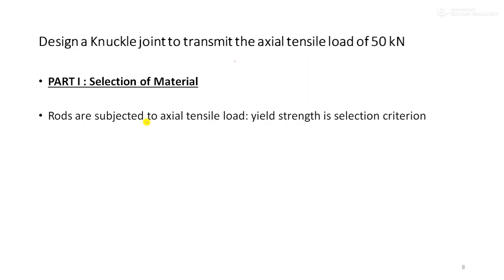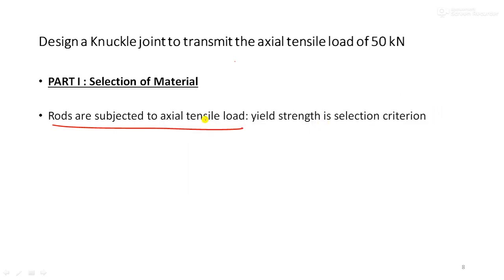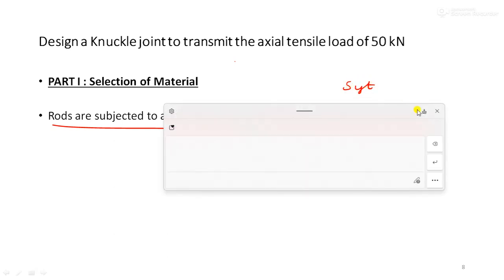Now basically, what is the loading condition? You have to understand the rods are subjected to axial tensile load. So the loading is the tensile loading condition, right? So basically you will be selecting some ductile material. What will be the selection criteria? Yield strength will be the selection criteria, which is given as Syt.